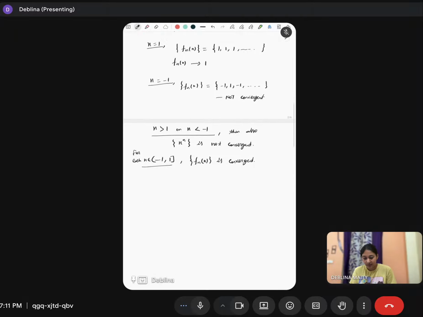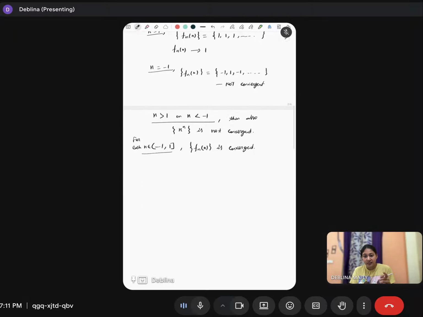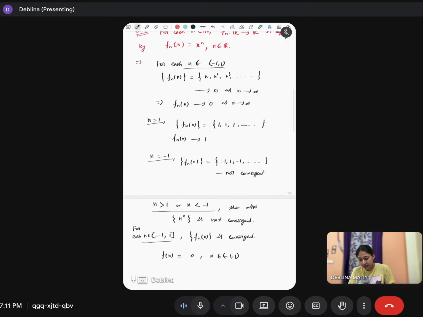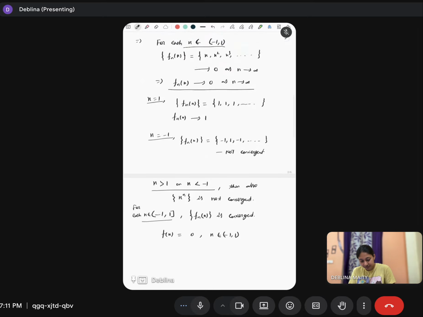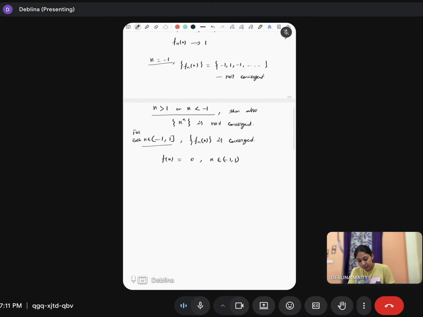And it converges to what function? It converges to 0 when x belongs to open -1 to 1. We have already seen that in open -1 to 1, fn(x) converges to 0. And when x equals 1, it is 1.